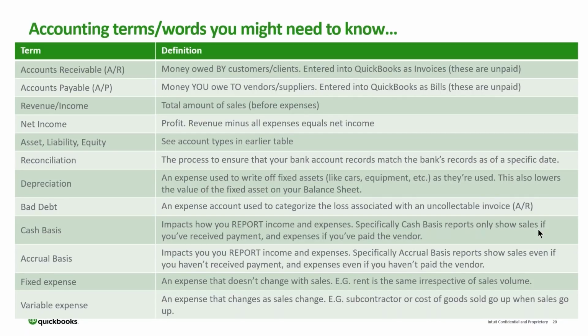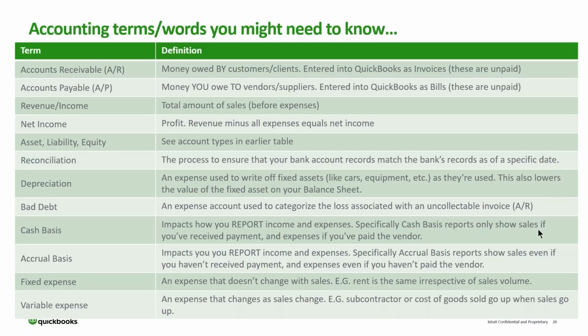There's also reconciliation. We haven't talked about reconciliation in this class, but we do have a class about reconciliation. Reconciliation is your way of comparing what's in QuickBooks to a bank statement, also a credit card statement. That way you can see that what you're entering is accurate from a bookkeeping perspective and making sure that everything matches with what's going on at the bank. There's also cash versus accrual basis.